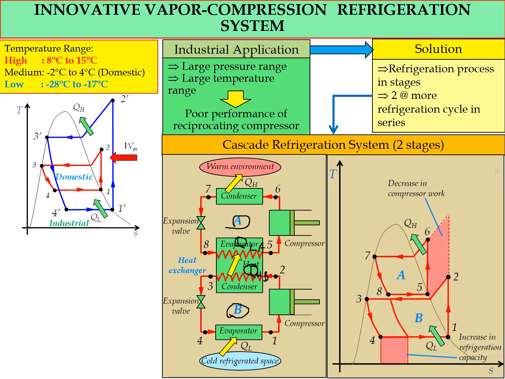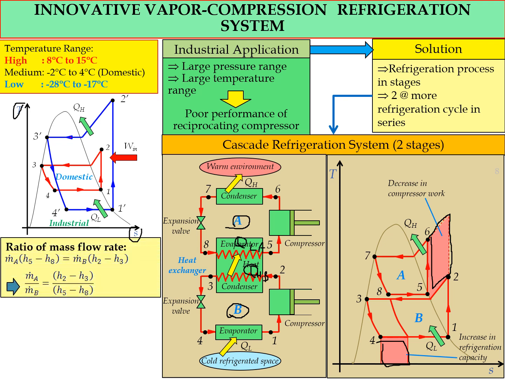From the TS diagram here, you can see that in this case we can decrease the compressor work by this much, and also increase the refrigeration capacity by doing it this way, instead of one big cycle, as you can see in this TS diagram.